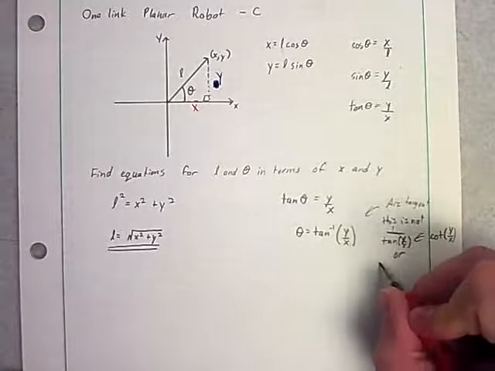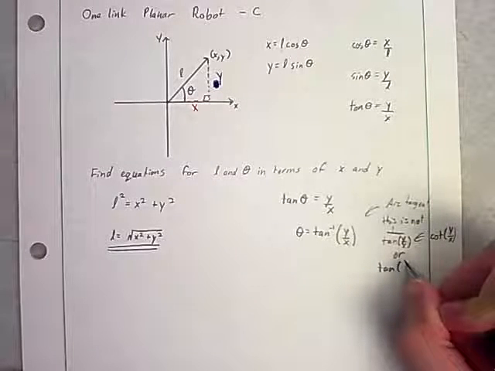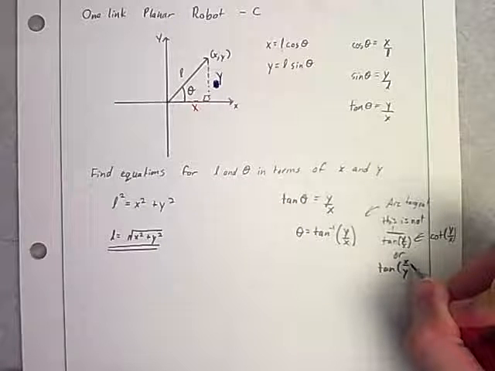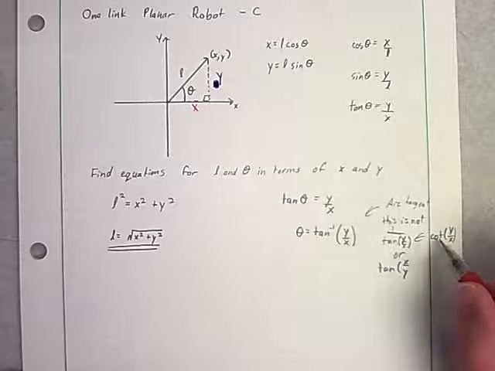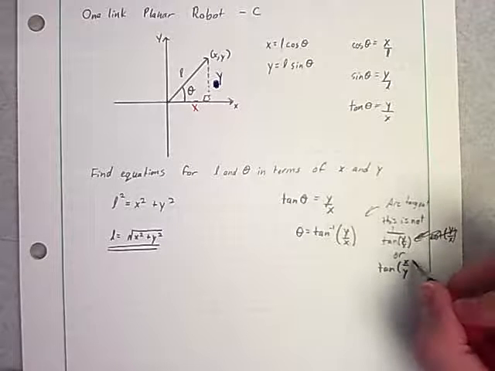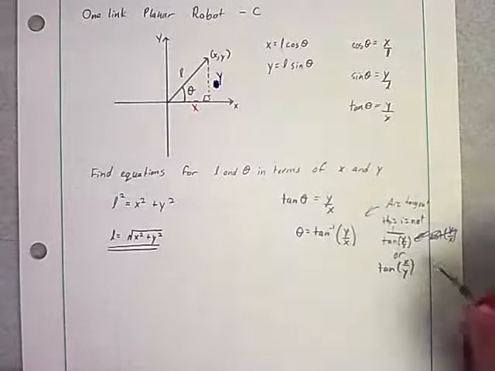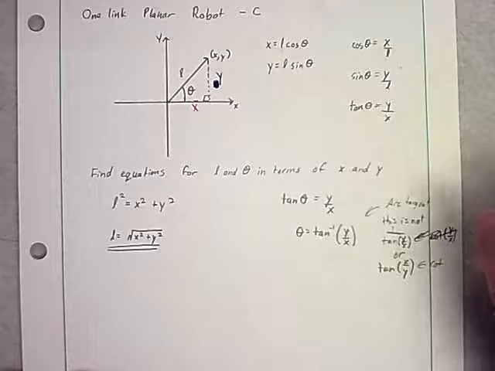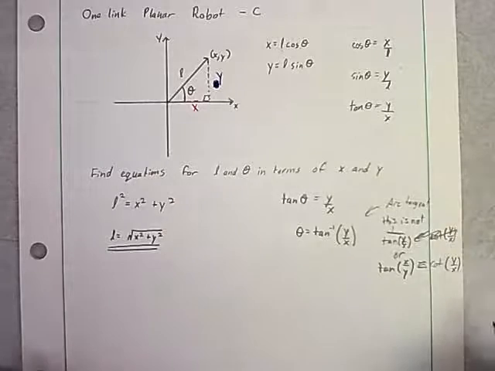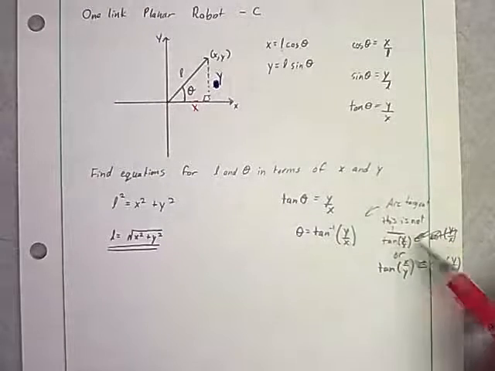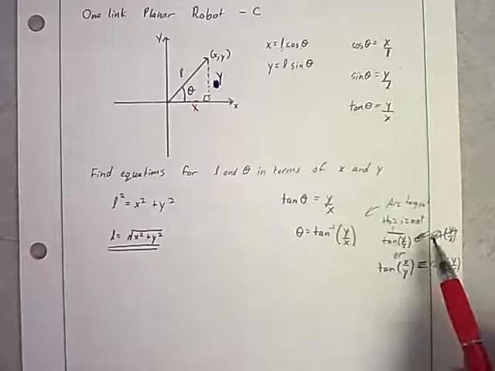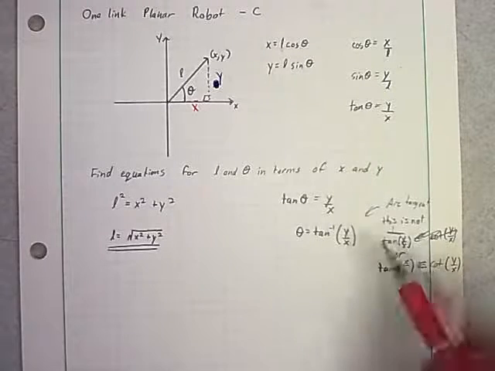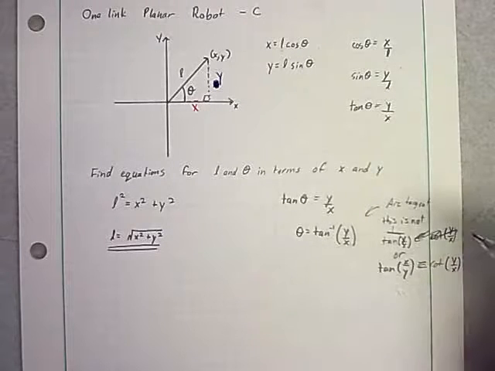Actually, that's not quite right. Cotangent is the tangent of x over y. That's what cotangent is. This would just be the reciprocal, a different function. Actually, both of those are true.